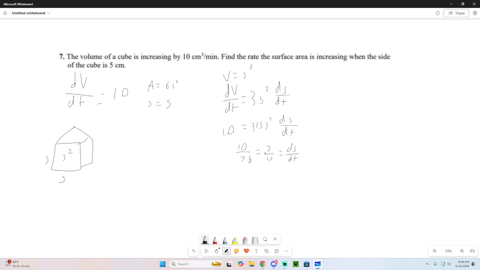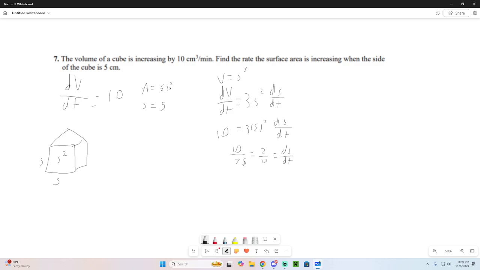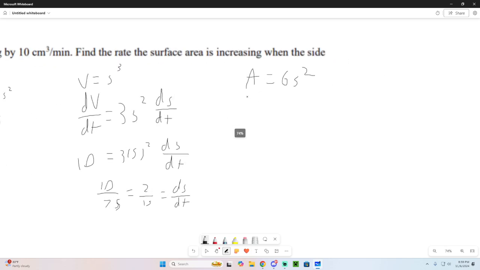Alright, so now that we got ds/dt, we need to use this to find the rate of change of the surface area. So now let's go ahead and differentiate this. We have surface area equals 6s squared. If we differentiate this, we get dA/dt equals 12s ds/dt.